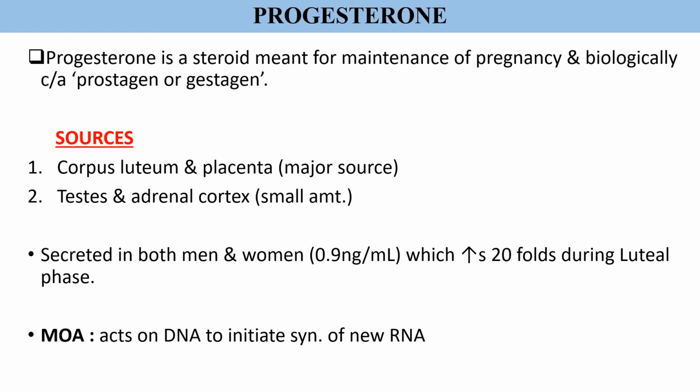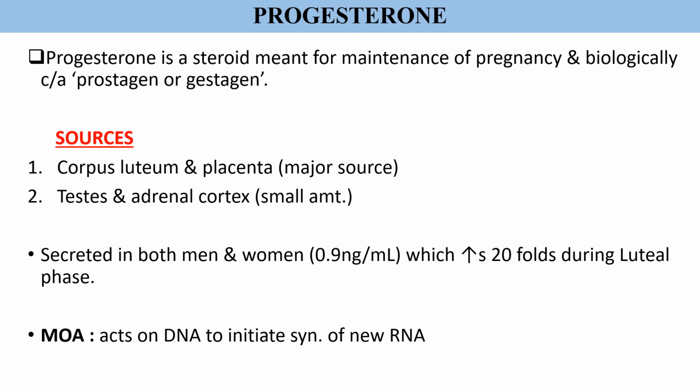The next important female hormone is progesterone. It is also a steroid hormone like estrogen and it is called the hormone of pregnancy. Progestagen and gestagen are other names for progesterone. In a normal non-pregnant female, progesterone is mainly secreted by the corpus luteum, which is formed every month.